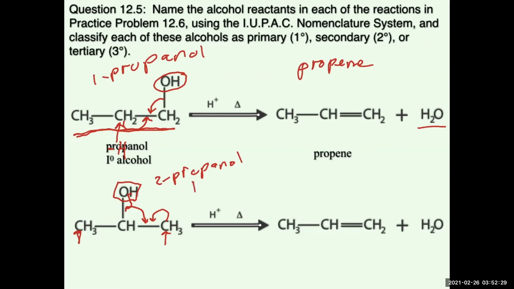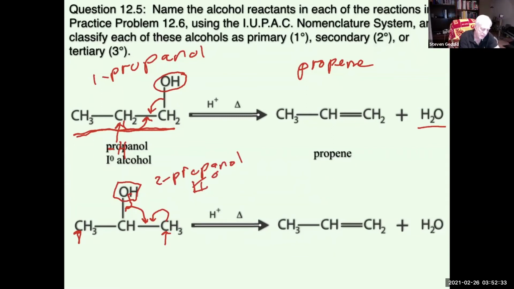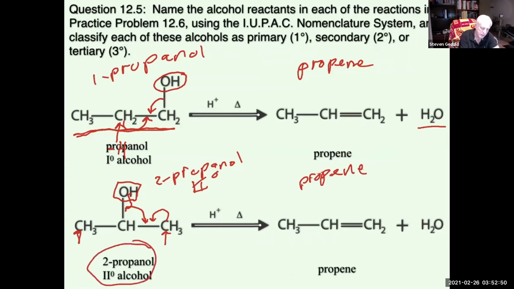Secondary, perfect. 2 carbons attached to it. And the name of this compound, there's 3 carbons, 1 double bond at the number 1 position, so it is propene, E-N-E. So 2-propanol is a secondary alcohol, and it forms propene.